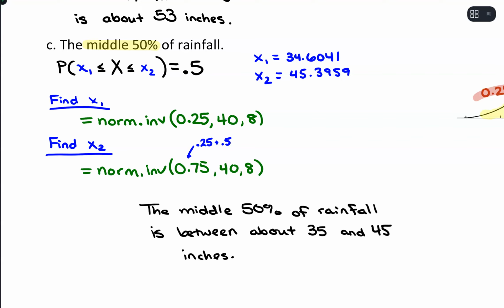But be sure to show the exact answers, and then in the sentence, you can write it however you want. If you want to round to a whole number, or use the exact values, that's fine. Like I've been doing with these examples, I wrote that x1 is 34.6041 and x2 is 45.3959, but then in the sentence, round to what seems most logical for you.